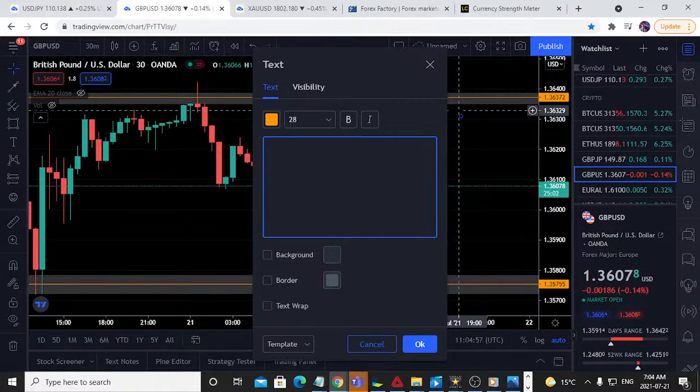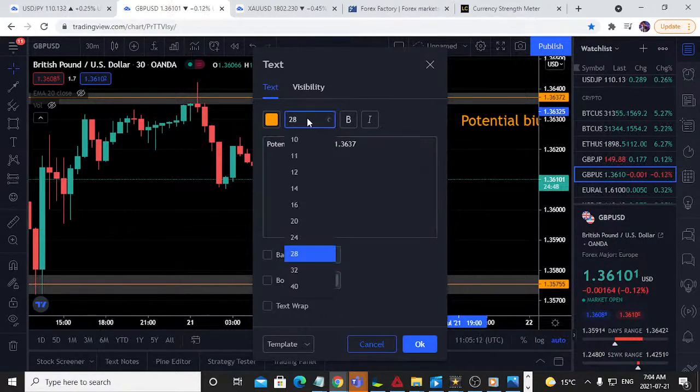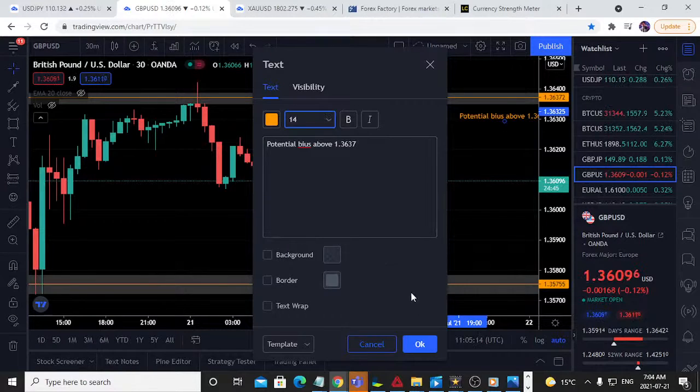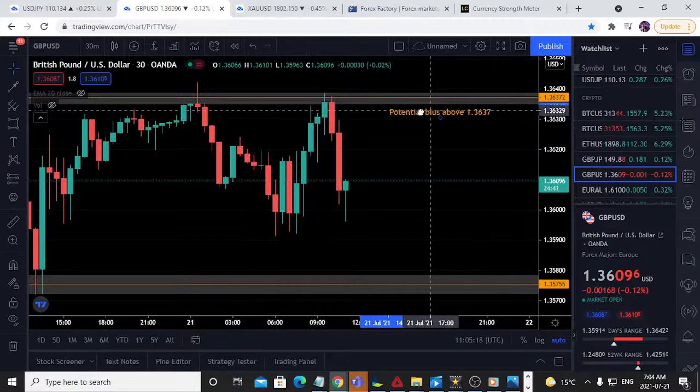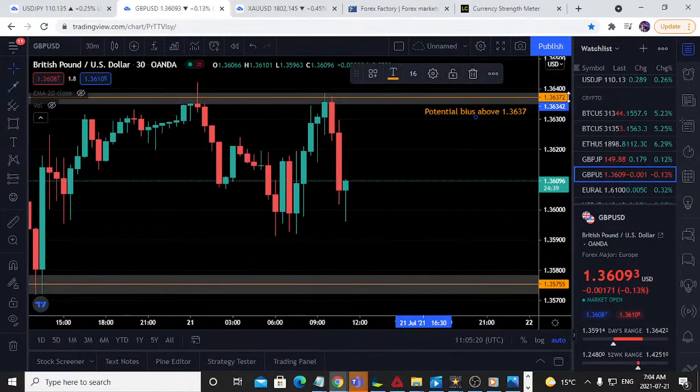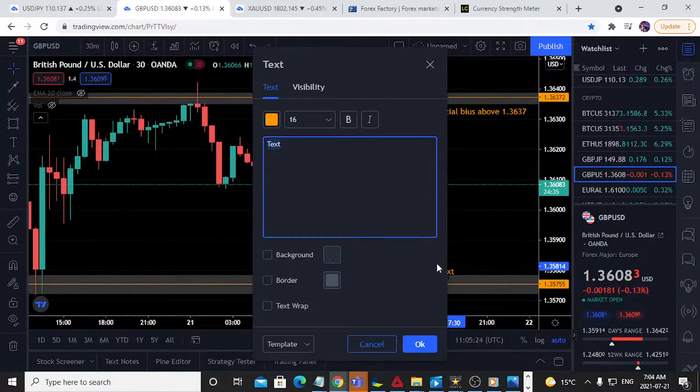We'll say potential buys above, let's call this 1.3637, make this like 14, maybe 16. So we have potential buys above this level right here.